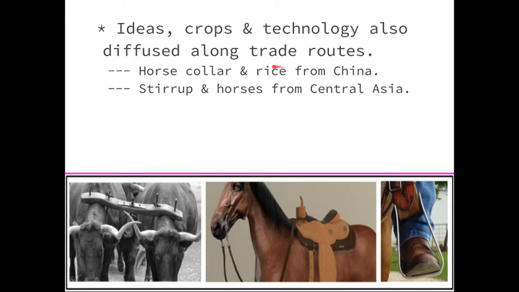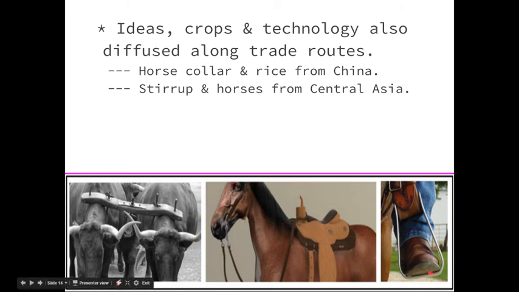Rice, which originates from China, makes its way into India and grows there wonderfully, and the population of India will grow. The stirrup, this little thing right here, changes history. And this was an invention from Central Asia where they have a lot of horses. That's where the horse originates from, Central Asia.